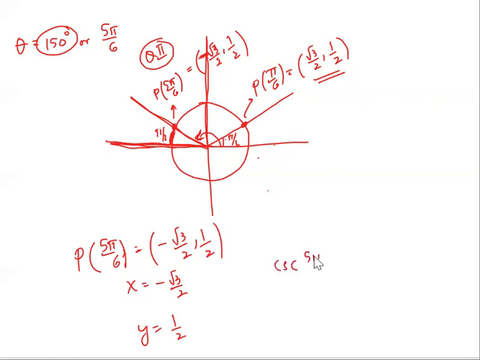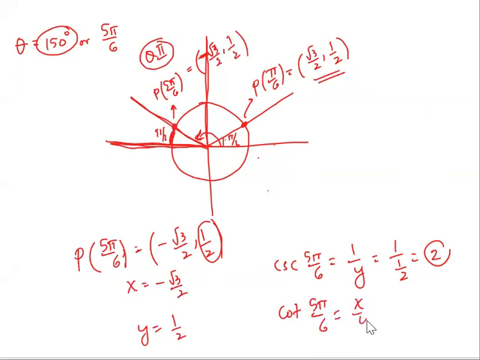So if we're looking for, let's say, the value of cosecant of 5 pi over 6, cosecant is actually 1 over the y-coordinate of the terminal point, and the y-coordinate is 1 half. So that's going to be 1 over 1 half, which is positive 2. But if we take the cotangent of 5 pi over 6, cotangent is x over y.